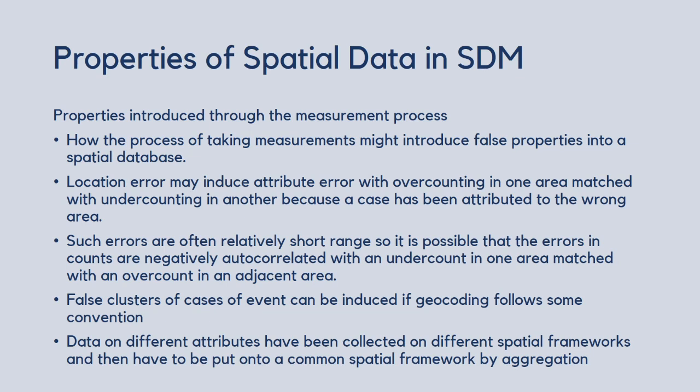Such errors are often relatively short range, so it is possible that the errors in counts are negatively autocorrelated, with an undercount in one area matched with an overcount in an adjacent area. False clusters of cases or events can be induced if geocoding follows some convention. Data on different attributes may have been collected on different spatial frameworks and then have to be put onto a common spatial framework by aggregation.